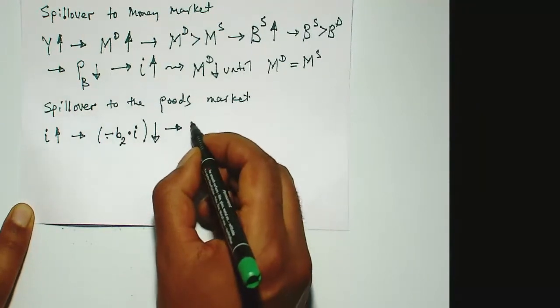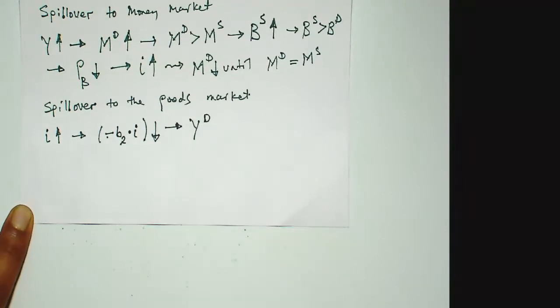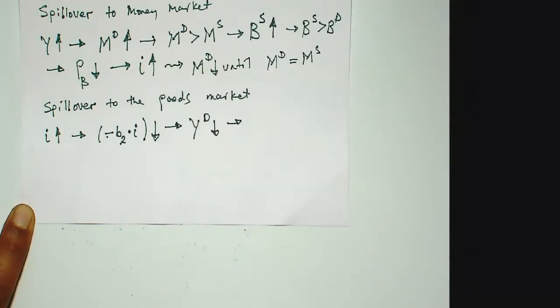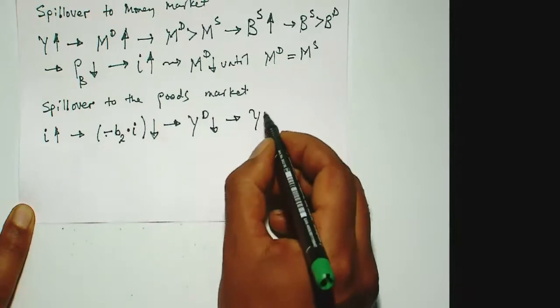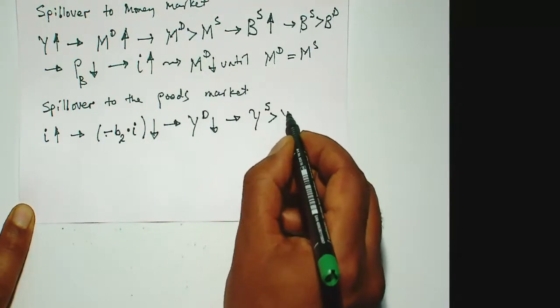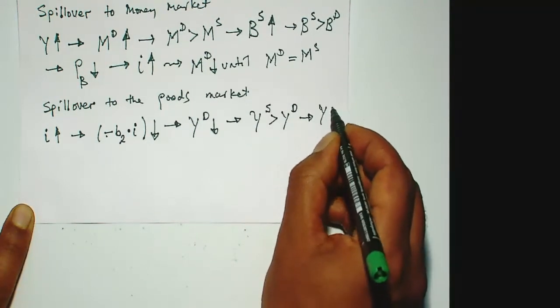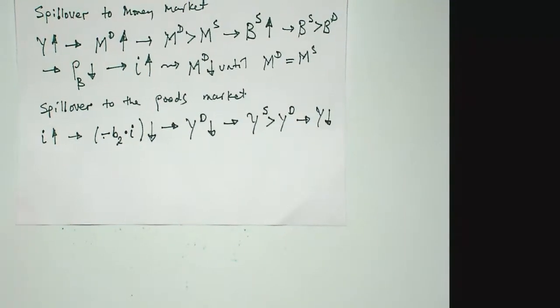So aggregate demand would decrease, and aggregate supply would be greater than aggregate demand, which all in all would lead to a reduction in income. So as we have seen, overall there will be a slowdown of income as a result of expansionary fiscal policy in the ISLM model.